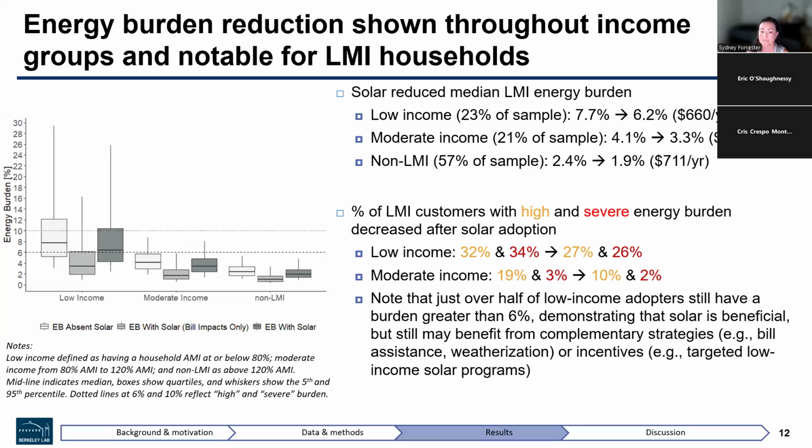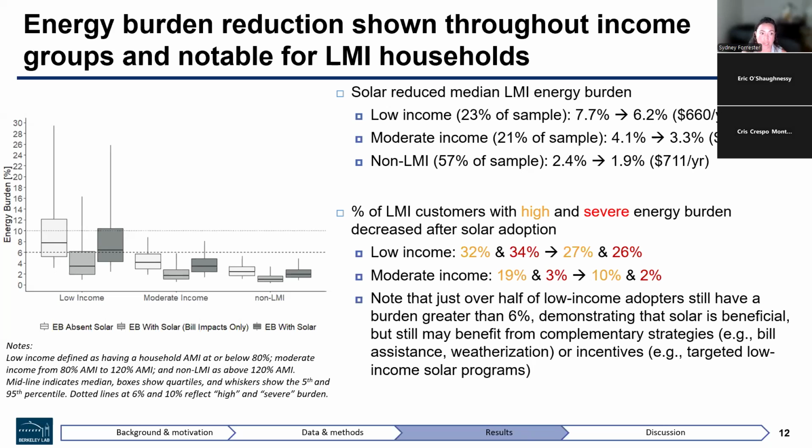But one con is the way it's structured: if you have income in the denominator, then a lower income would mean that a smaller dollar change in the numerator would have a larger percentage point change as a whole. So it makes some sense that you see a larger percentage point decrease, but not as large of a dollar savings in low income versus non-LMI, for example.